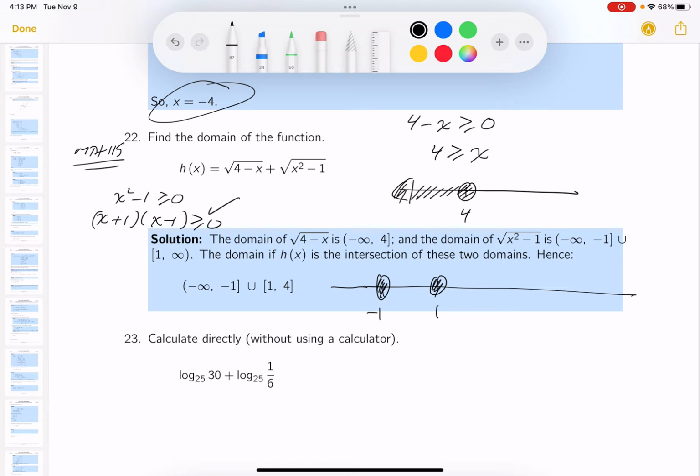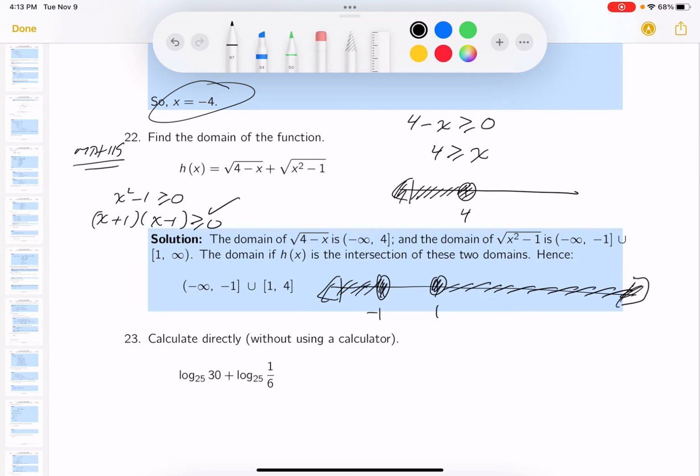And then I've got to take some test values. If I took a number between minus 1 and 1, like 0, and plugged it in, it would be a negative number, so I don't want that. If I take a number after 1, like 2, and plug it in, it would turn out to be a positive number, so I know that's good. And if I take a number below minus 1, like minus 2, and plug it in, it would also be a positive number.